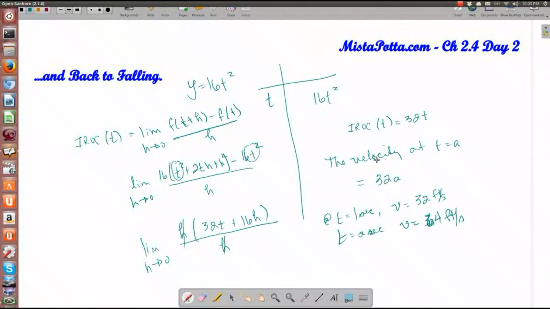This formula represents the instantaneous rate of change. And when we took algebra, we noticed that as the time increased, I didn't necessarily have a constant rate of change. But I did notice that this rate of change was increasing at a constant rate.